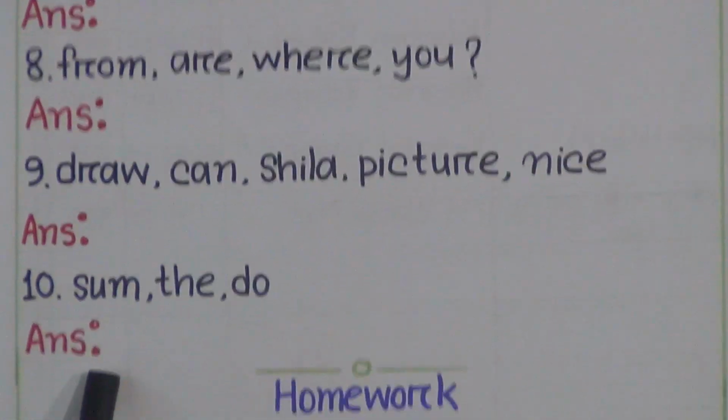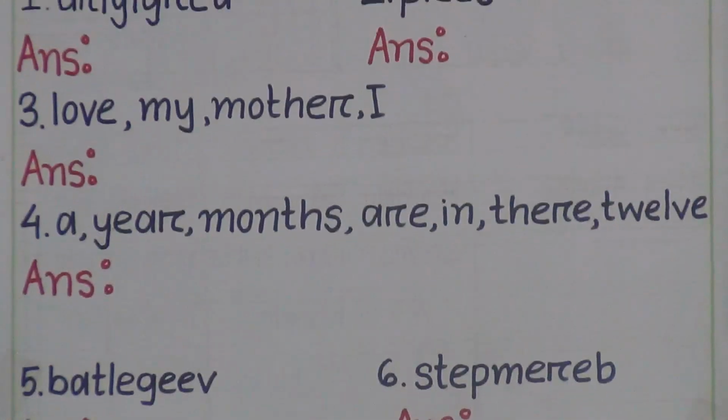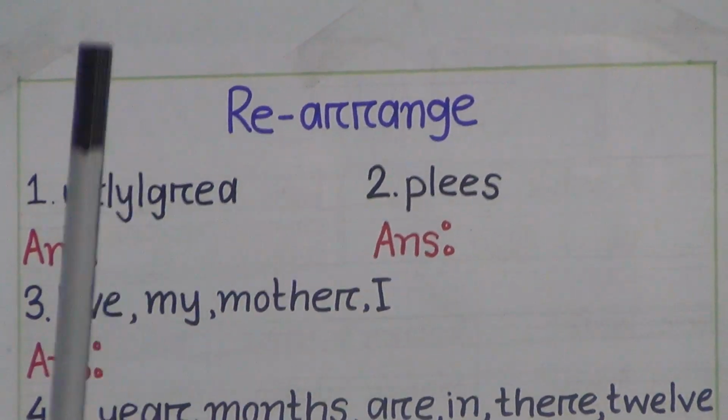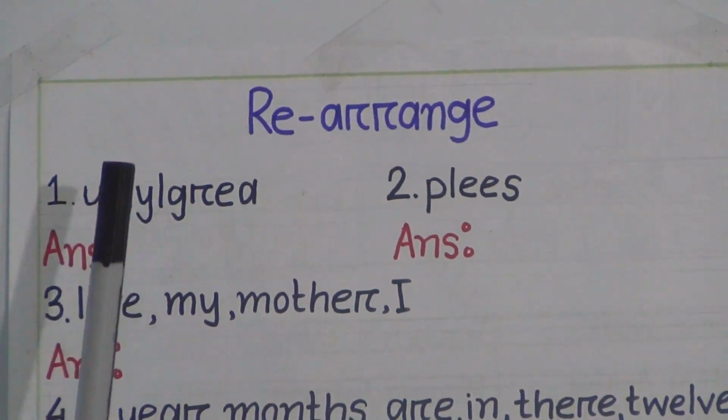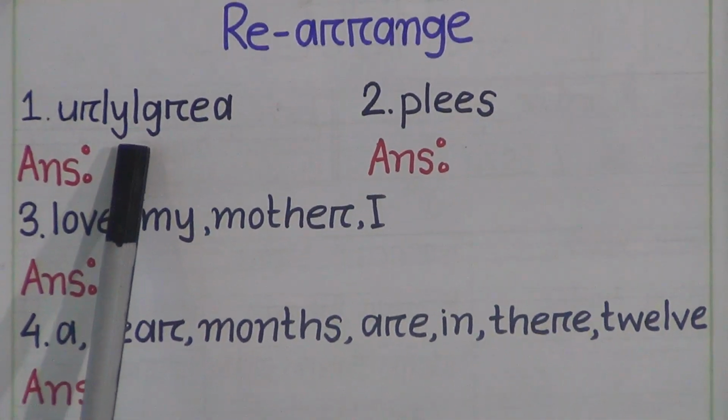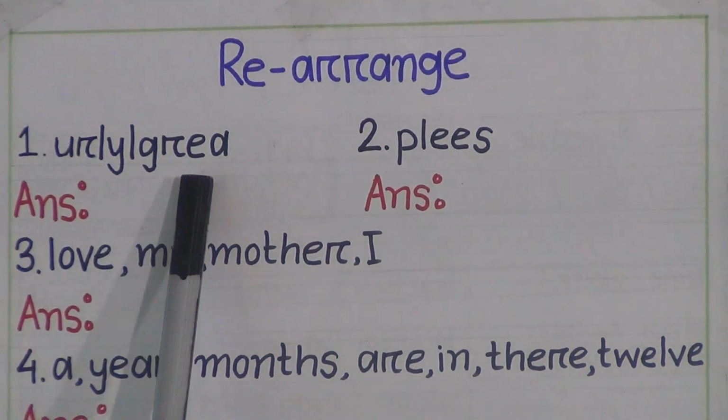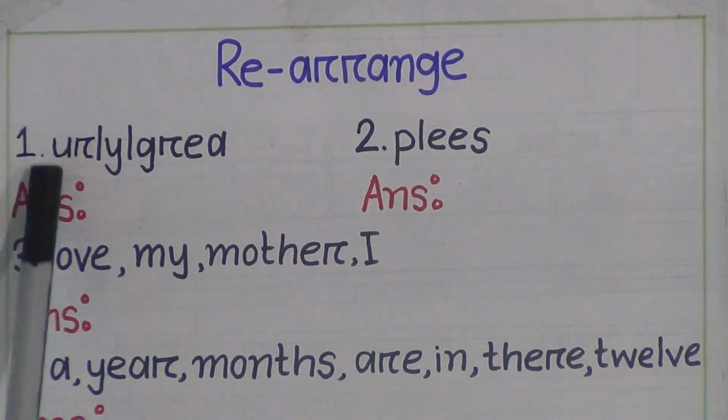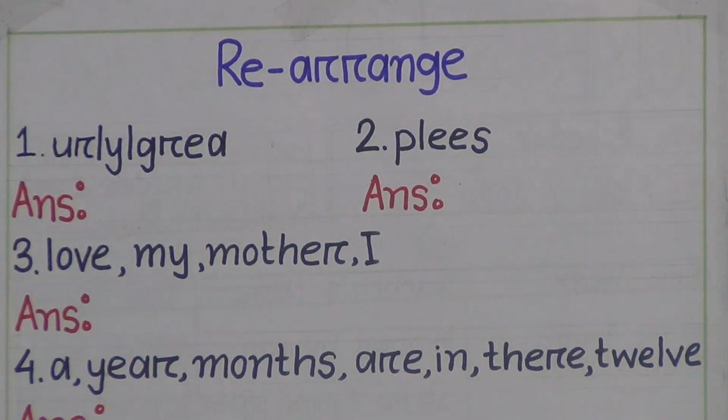That means 10 rearrange. Look, our first number is U R L Y L G R E A. These are jumbled letters. You have to make a meaningful word with these jumbled letters. Students, can you guess what the word will be? Think about it. Okay, I'm writing the answer.